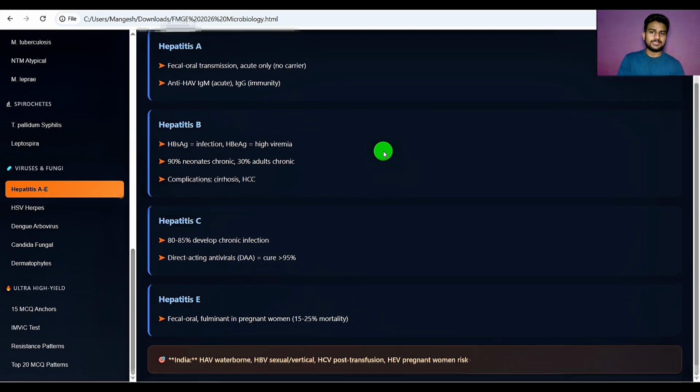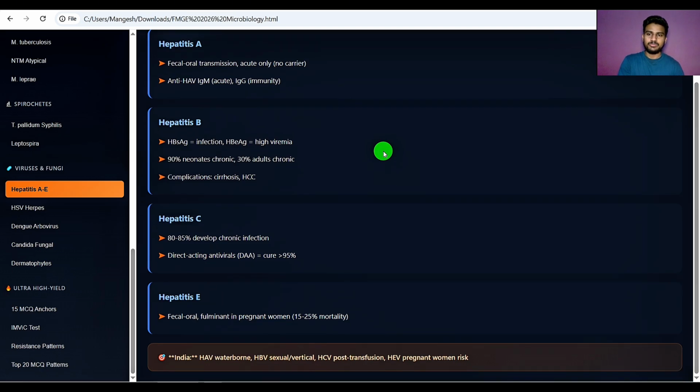Then the next is hepatitis B virus. In hepatitis B virus, there is something called as surface antigen. You will be having questions which will mention the terms like HBsAg, HBeAg, or HBcAg, something like that. Or they can also give you hints like there is an antibody, or there is an envelope protein. So you must be knowing what these terms actually mean.